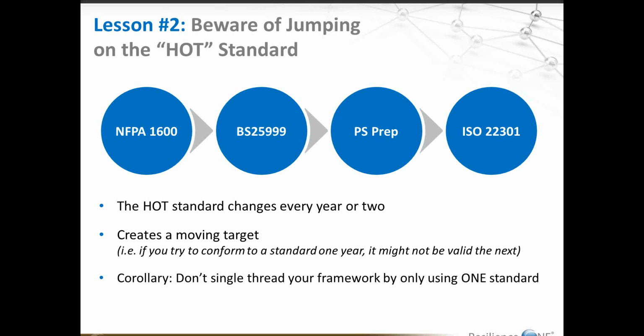The toughest thing is that if you single thread, if you just go with a single standard to establish your framework, in about a year or two, you might not be so happy with that. You don't want to go with just that one standard. By combining them together, with the thought leadership from the multiple standards, you'll establish a framework that'll stand the test of time.